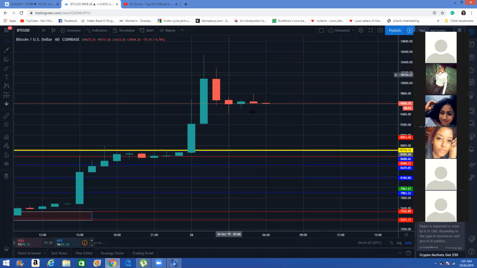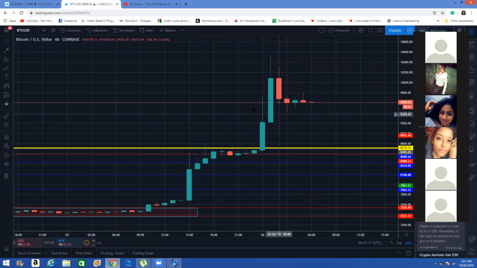If we look, a new candle just formed because it just turned 1 o'clock. Every hour a new candle is going to form. So if you ever need to see what time a candle formed, all you have to do is look at your time frame and just do the subtraction. It's very simple.